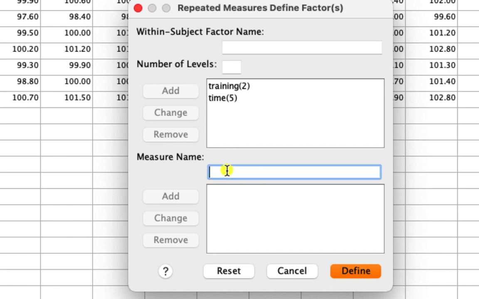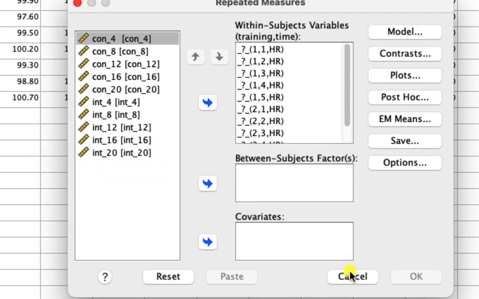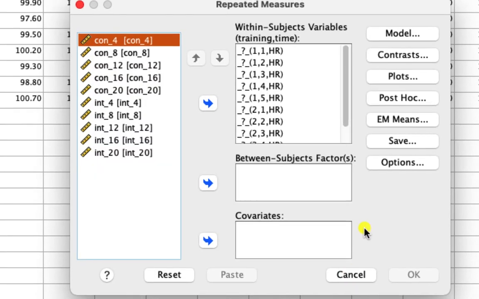The measure name that we have collected is heart rate. Usually this measure name box is more helpful when you have multiple dependent variables, but I like to put it there just in case. And then we click Define. And that'll bring up our repeated measures dialog box.